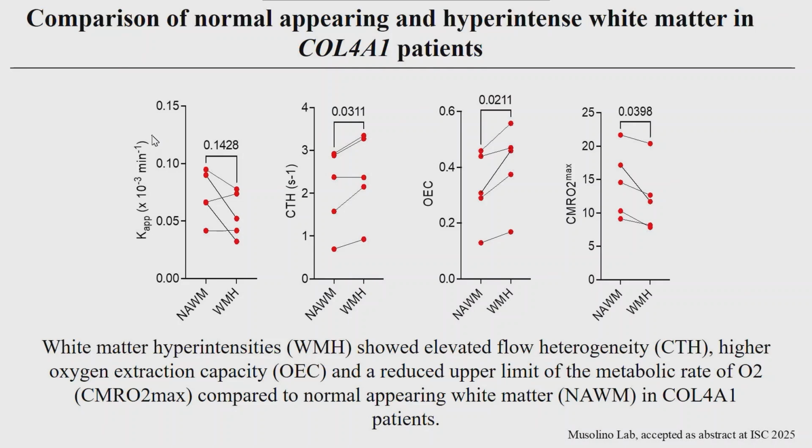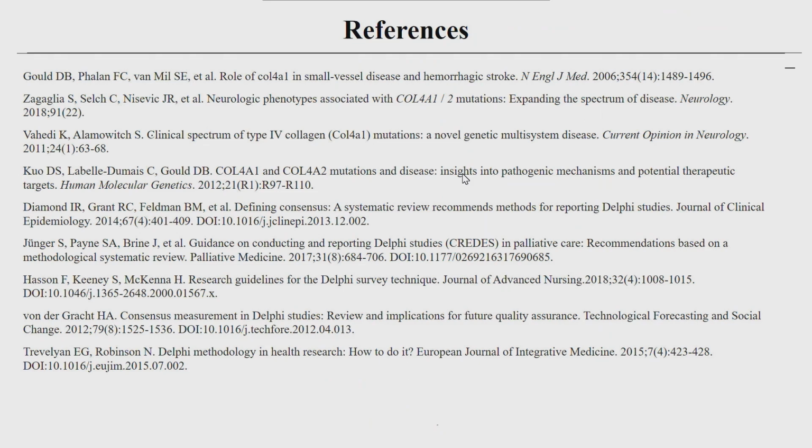So we believe DSC-MR perfusion can be a tool to evaluate these patients and then to evaluate potential treatment success in the future. And these are the references and methodologies that went into my presentation. Thank you very much.